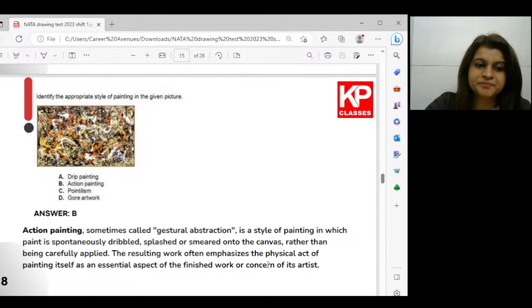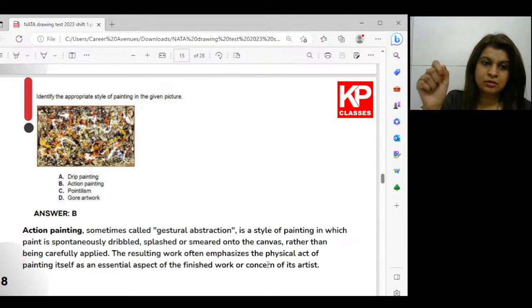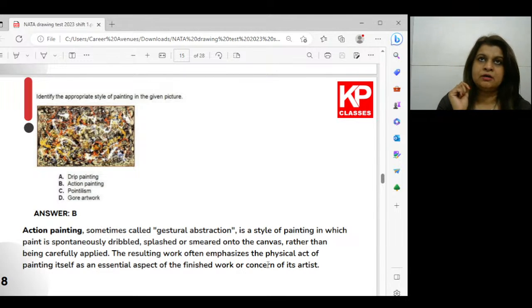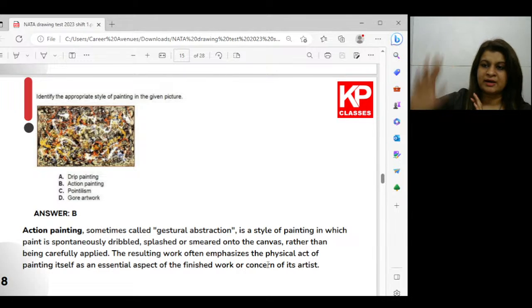So, it talks more about the gestures and the physical act of the painter, like whether the person is splashing the color on the canvas in a very rigorous manner, whether the painter is putting colors in his or her hands and smudging it on the canvas.